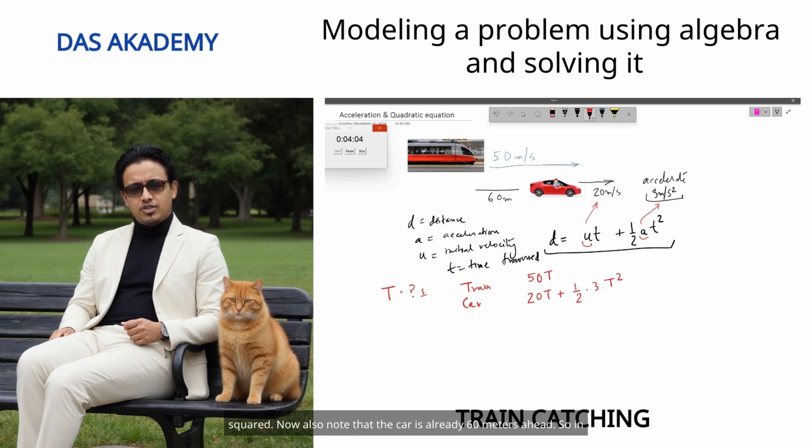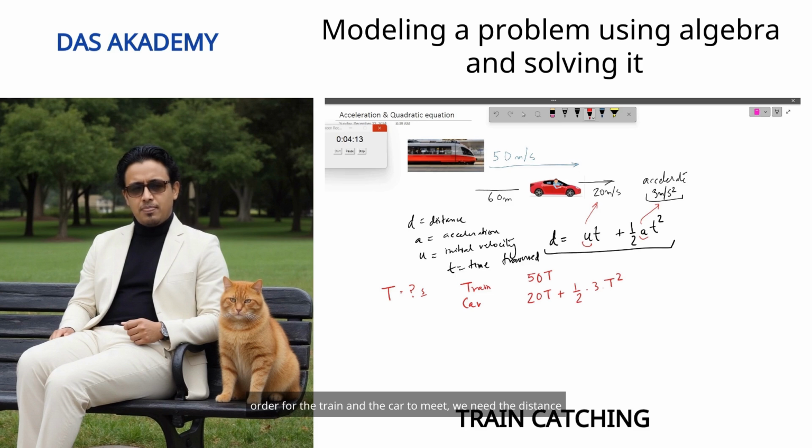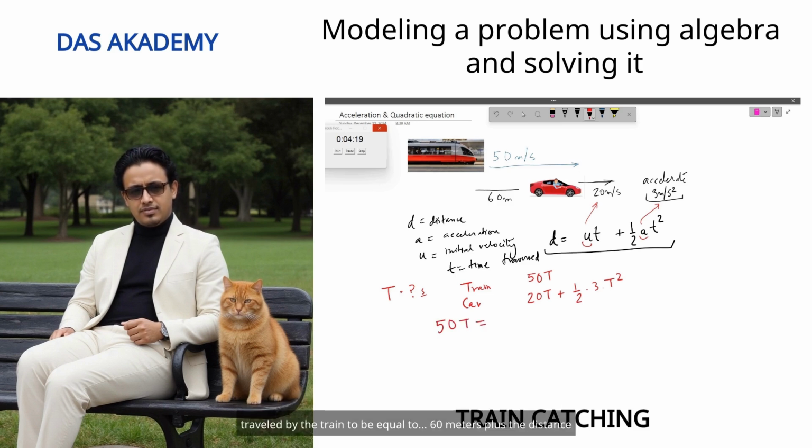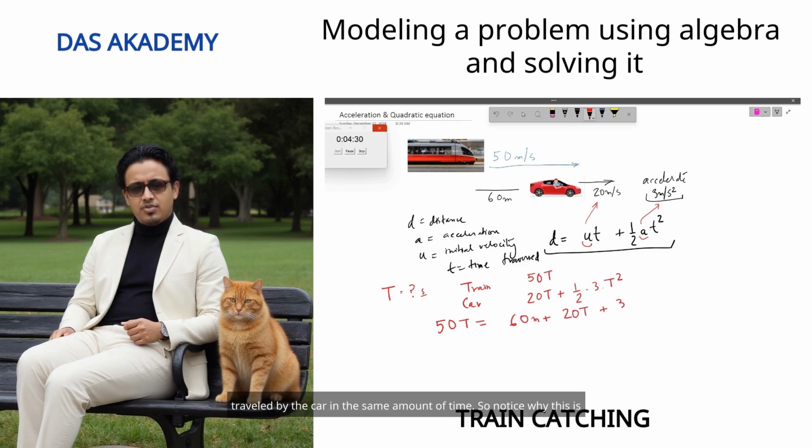Now also note that the car is already 60 meters ahead. So in order for the train and the car to meet, we need the distance traveled by the train to be equal to 60 meters plus the distance traveled by the car in the same amount of time.